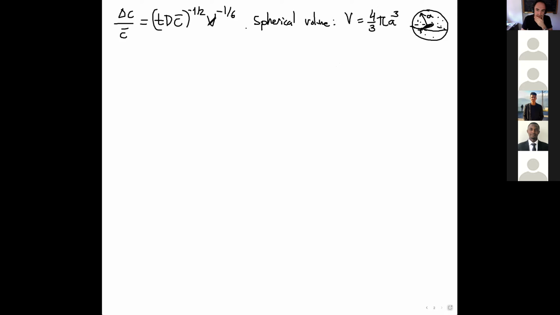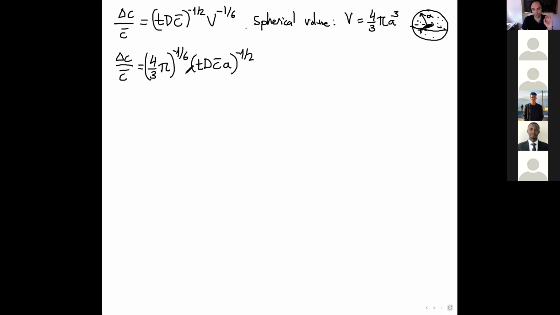So now we replace this volume, and what we get is delta C divided by C bar. It will be 4/3 pi to the -1/6 times T D C bar to the -1/2, and then there will also be a cubed to the -1/6, which is a to the -1/2. So you get T D C bar a to the -1/2.